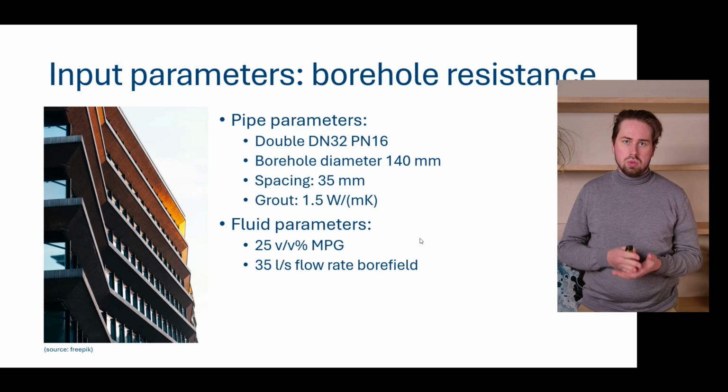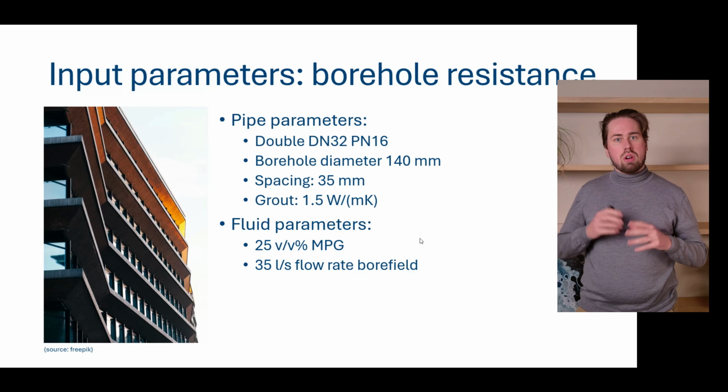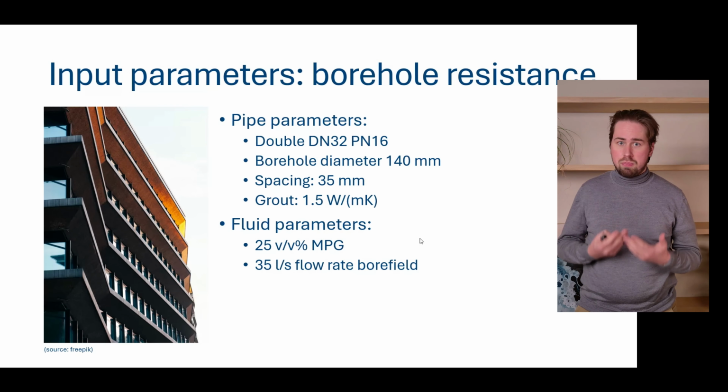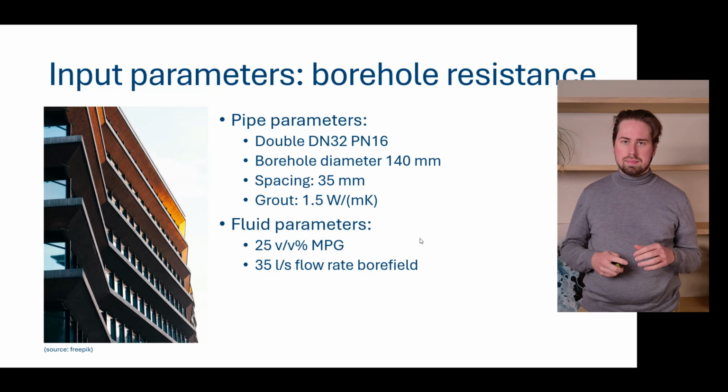So as you can see, it's already quite a big project. For the borehole resistance, we will use a traditional DN32 U probe. The borehole spacing and grout, etc. are default values. And for our fluid, we will use 25 volume percent of monopropylene glycol and 35 liters per second of flow rate through our entire borefield, which we will assume to be constant in time.